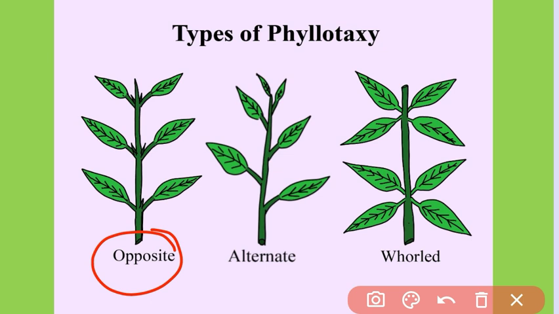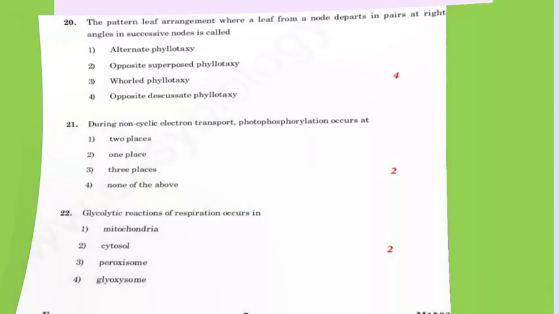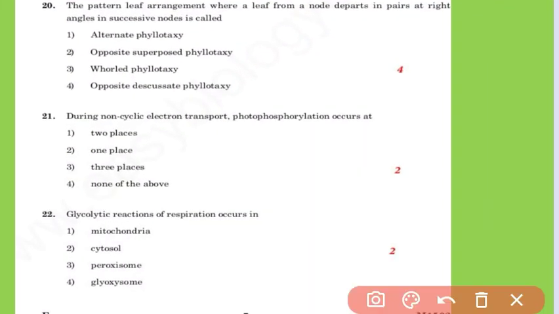Opposite, in this type of phyllotaxy two leaves are present on each node. In alternate, one leaf is present in one node. And whorled, more than three leaves are present at one node. So the answer for this question is option 4, that is opposite decussate phyllotaxy.